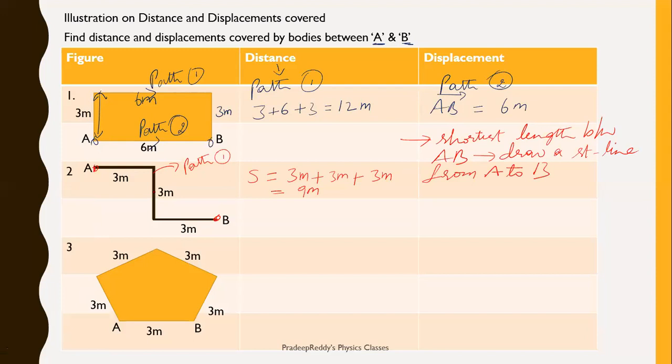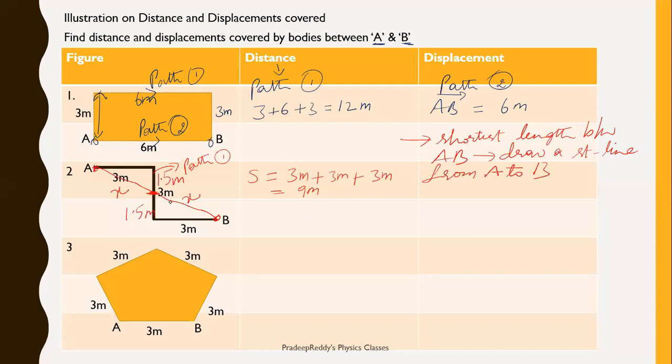From here to here, this is one length, and from here to here, this is the other length. Let me take this as x, and this also will be x because it exactly bisects this total length. As the total is 3 meter, this will be 1.5 meter, and this is also 1.5 meter.